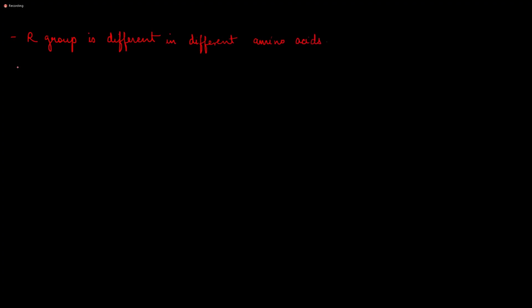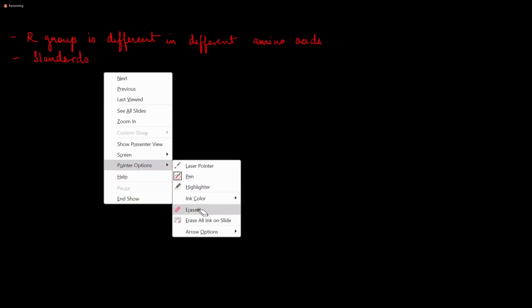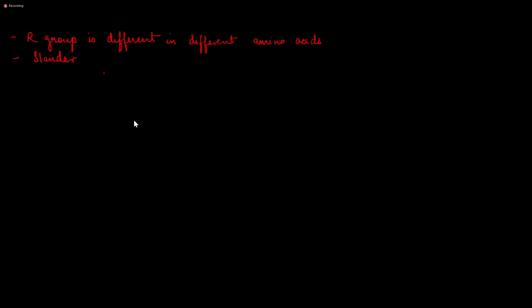And how many amino acids are there? The standard number of amino acids is 20. I'm showing standard amino acids by AA. There are 20 because they have 20 different R groups. The R group is a functional group that is different in different amino acids.